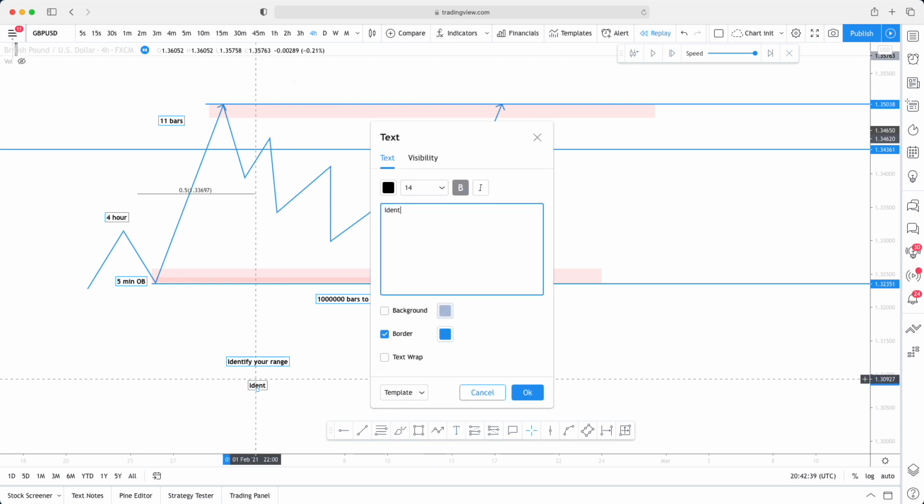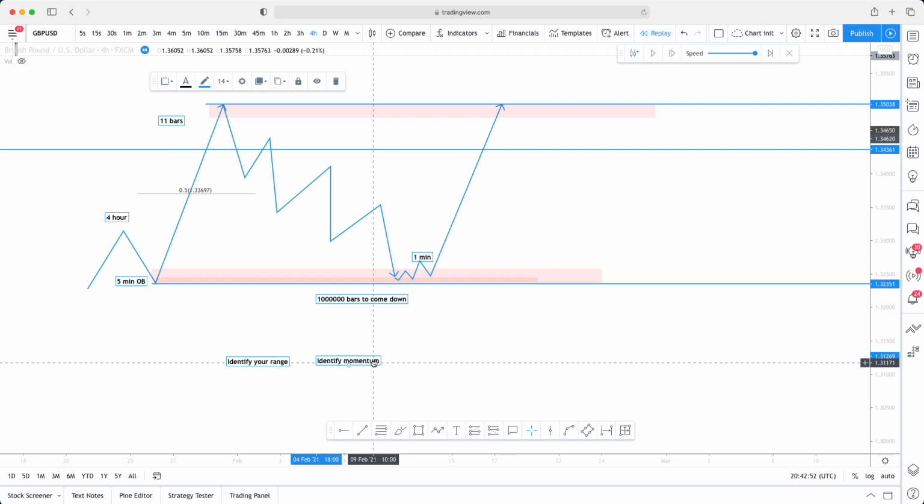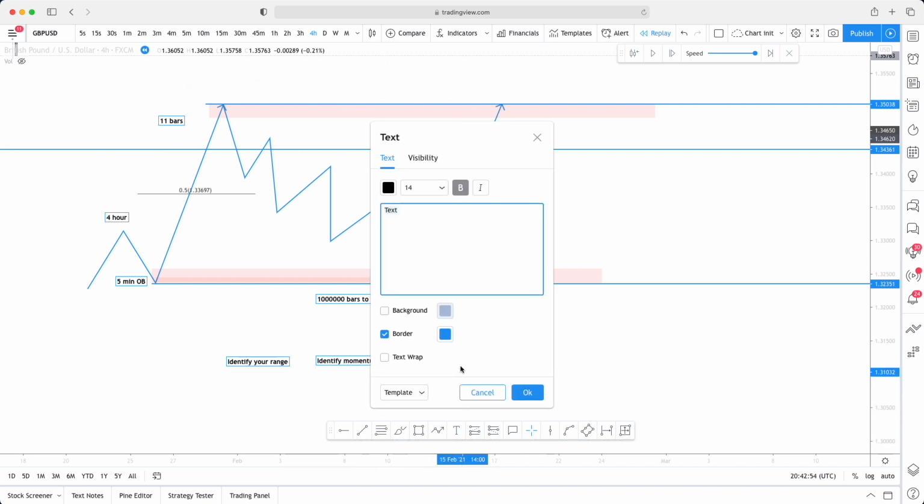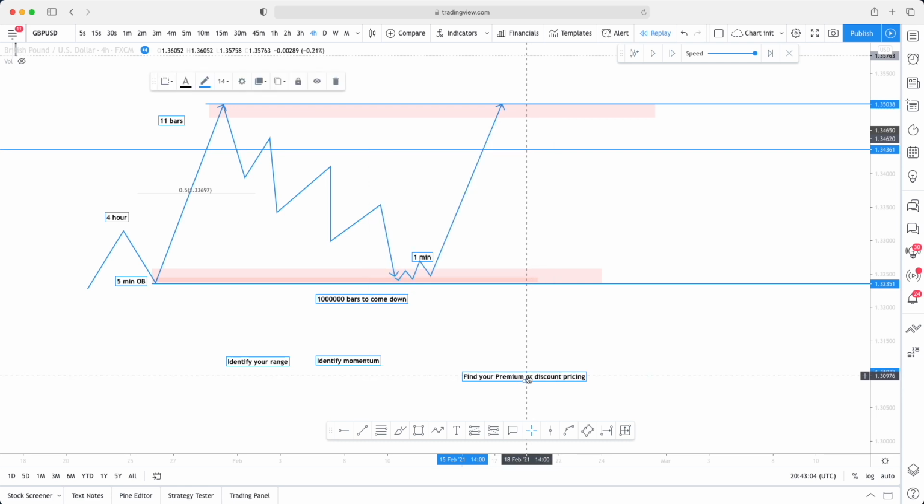identify momentum. Why can't I spell? Did I spell that right? I assume so. Identify momentum, and see if it's in your favor. That's number 2. Number 3, find your premium or discount pricing, depending on if you're buying or selling.